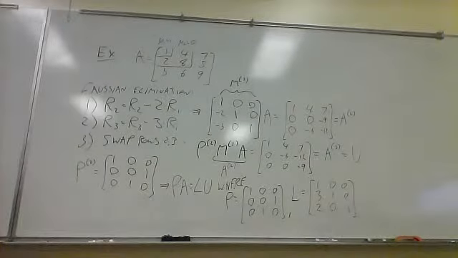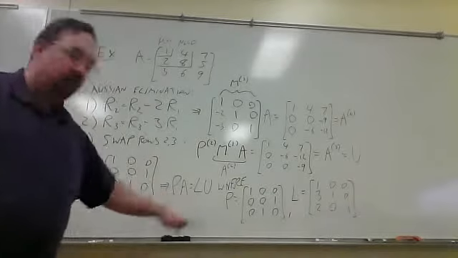Okay, so any questions about how we get this LU factorization with pivoting? All right, so as long as you make sure your multipliers account for your row interchanges, everything works.